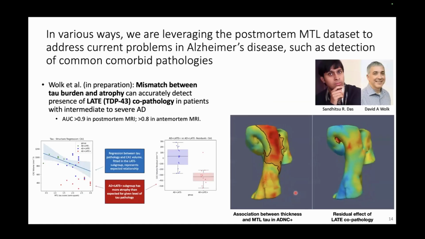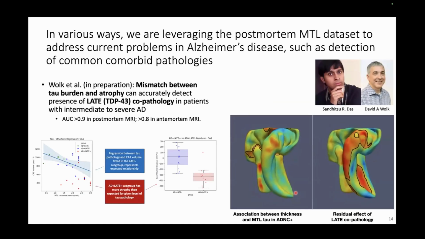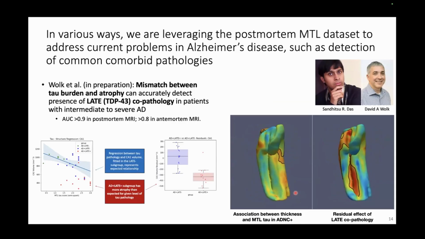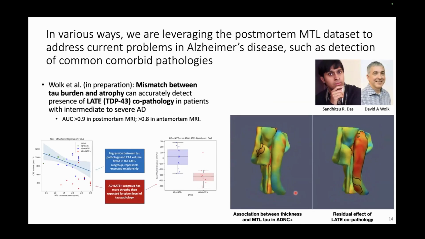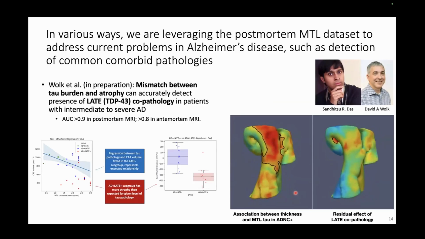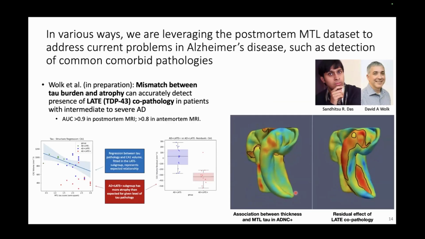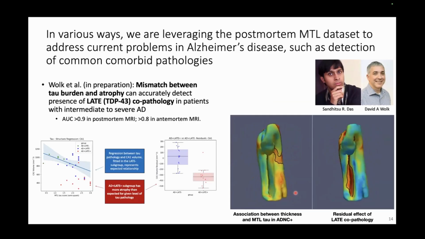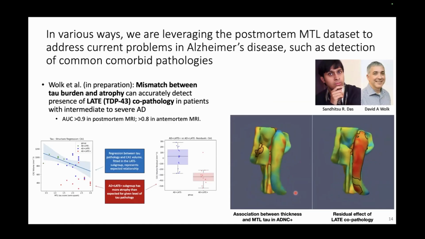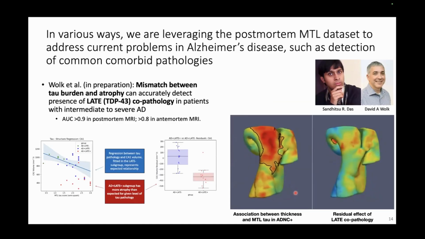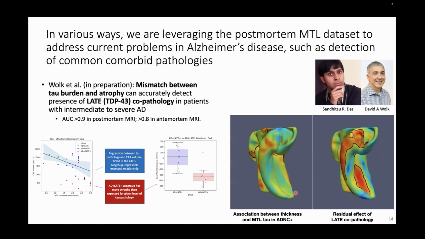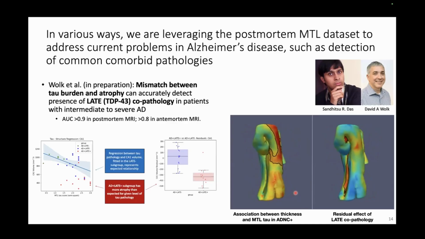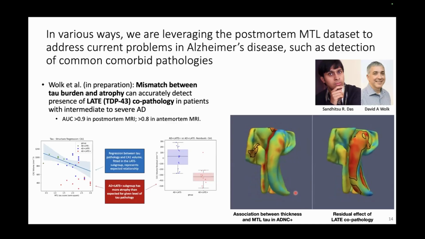This is not just purely exploratory, but actually we're trying to leverage all this information we've collected from this postmortem data set for very current problems in Alzheimer's disease. And just to highlight one example, this is our work with colleagues here at Penn to study mismatch between tau pathology and atrophy, and in the process of this mismatch to discover biomarkers or patterns on MRI that can distinguish presence of co-pathologies.